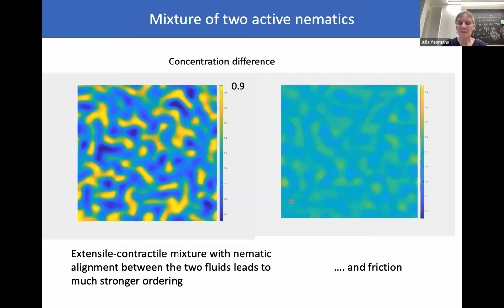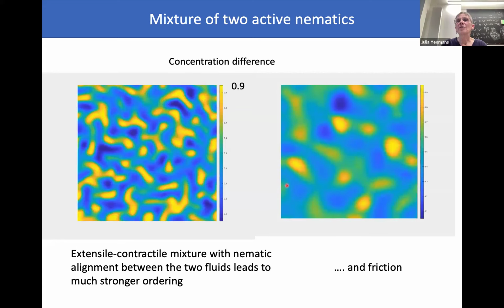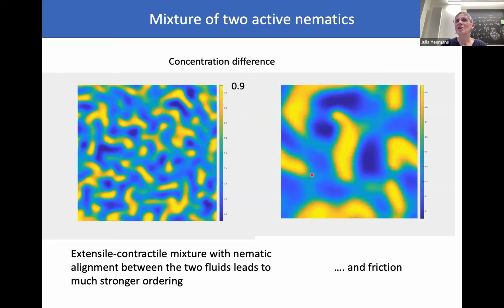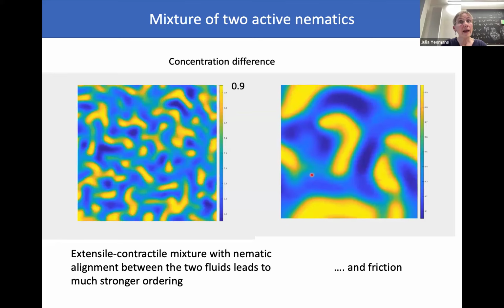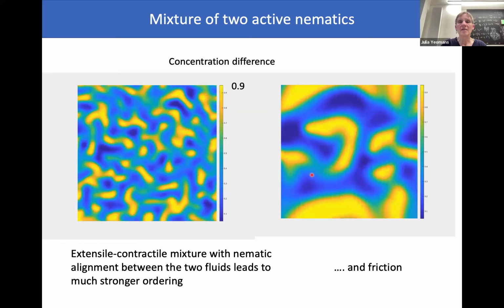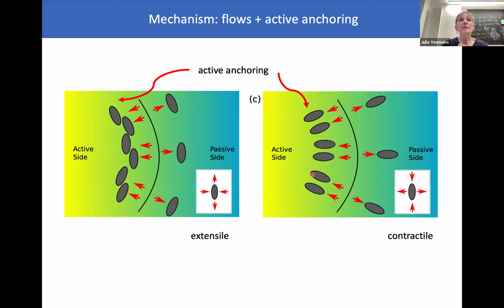And if we put on friction, that sort of kills the active turbulence a bit, and you get larger and larger domains. So you can get separation just due to activity. So the next slide tries to explain why. And this is based on this active, it's an instability, and it's an instability which relies on flows, and it relies on active anchoring.